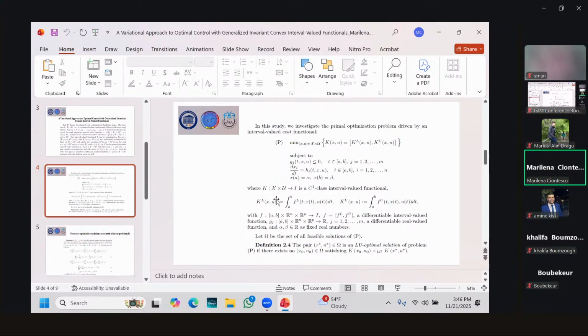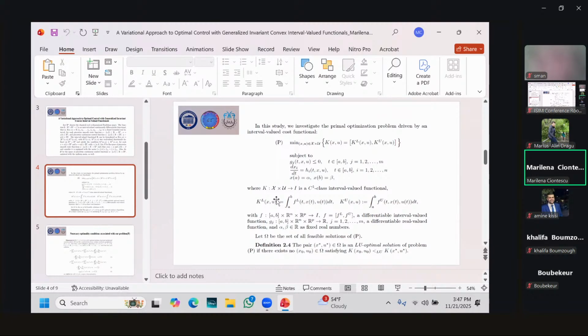Now we formulate and investigate the primal optimization problem driven by an interval valued cost functional. This problem we denote with P and it represents the minimum over the pairs (x, u) belonging to the set of state functions and control functions, and this problem is subject to three constraints.